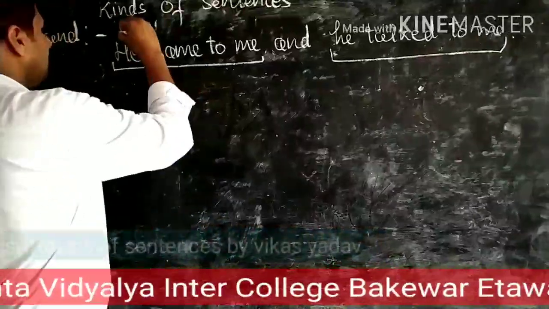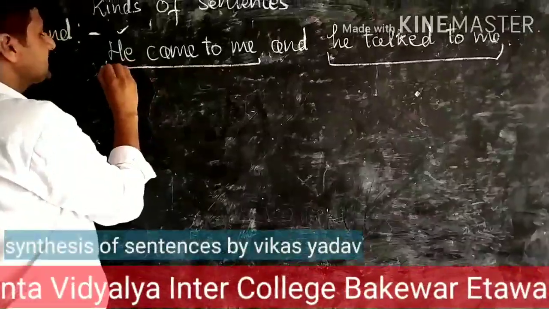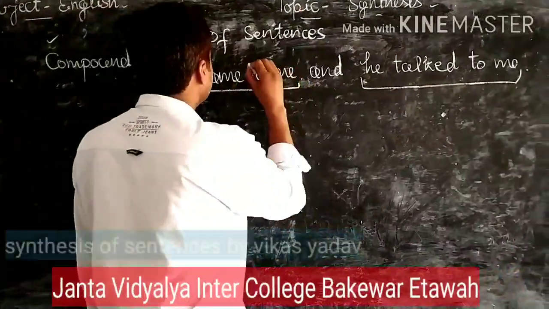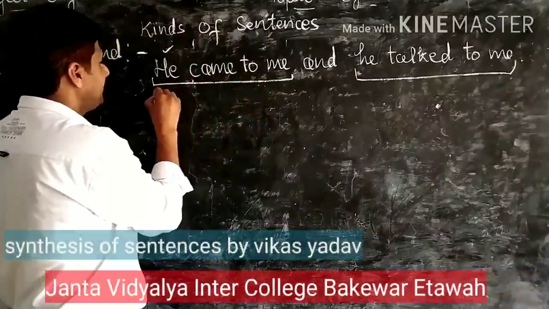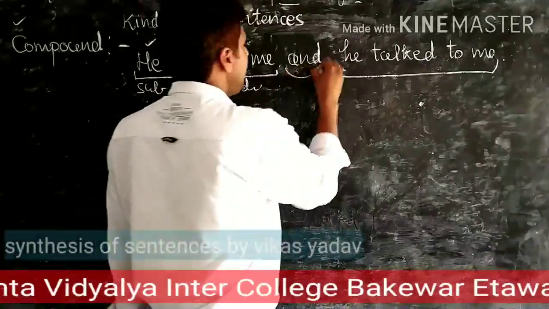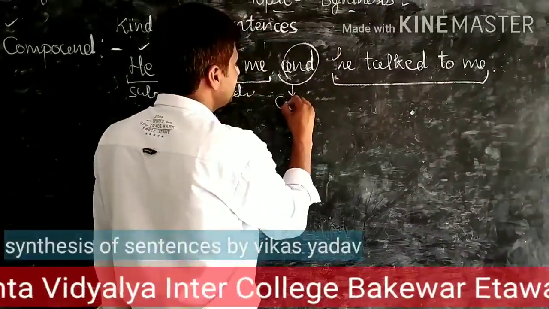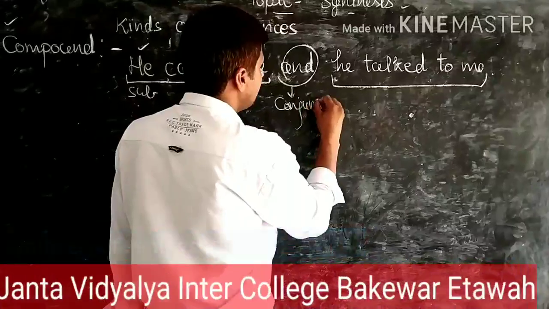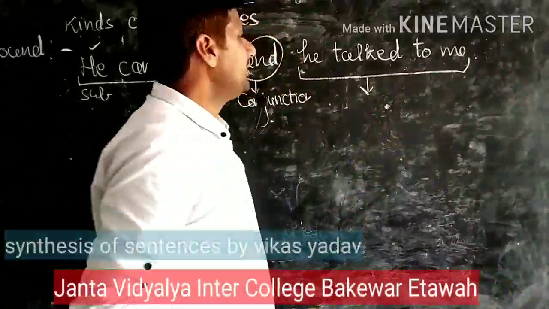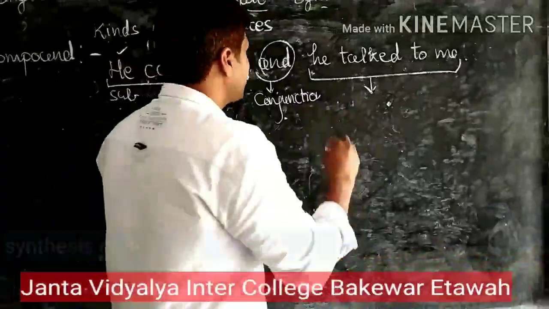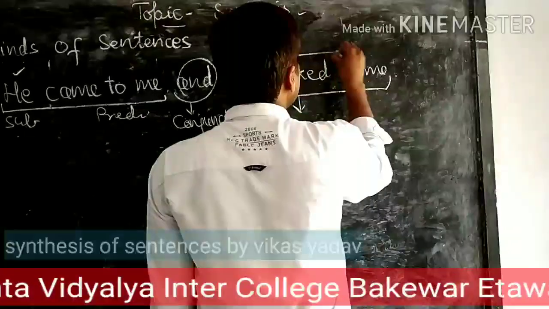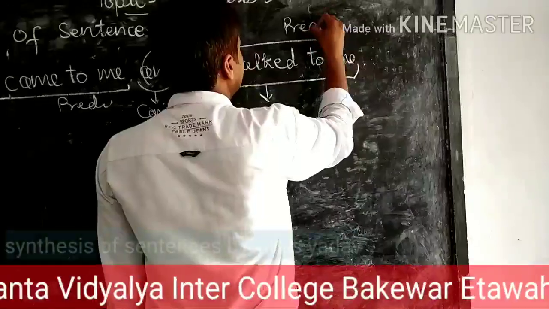Here he is the subject and came to me is the predicate. And is a conjunction that combined both the sentences, and now again we see a different subject and predicate pair.